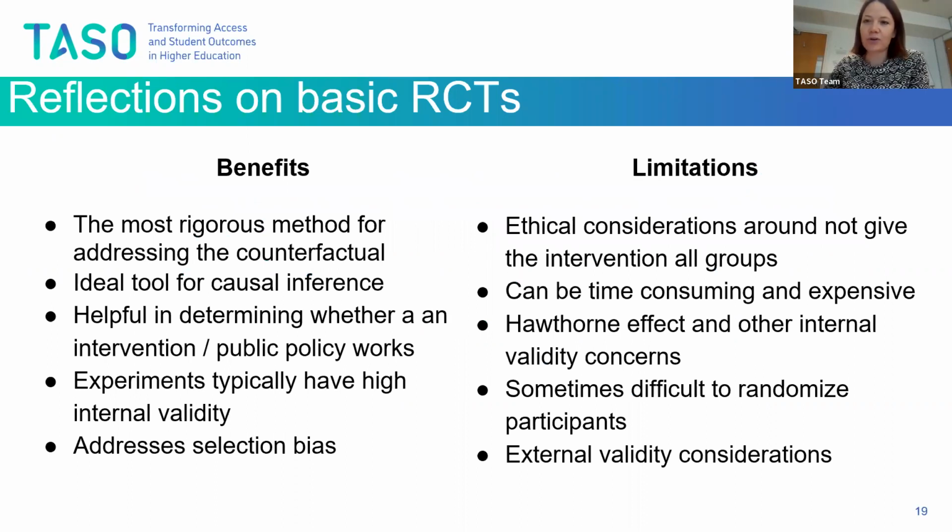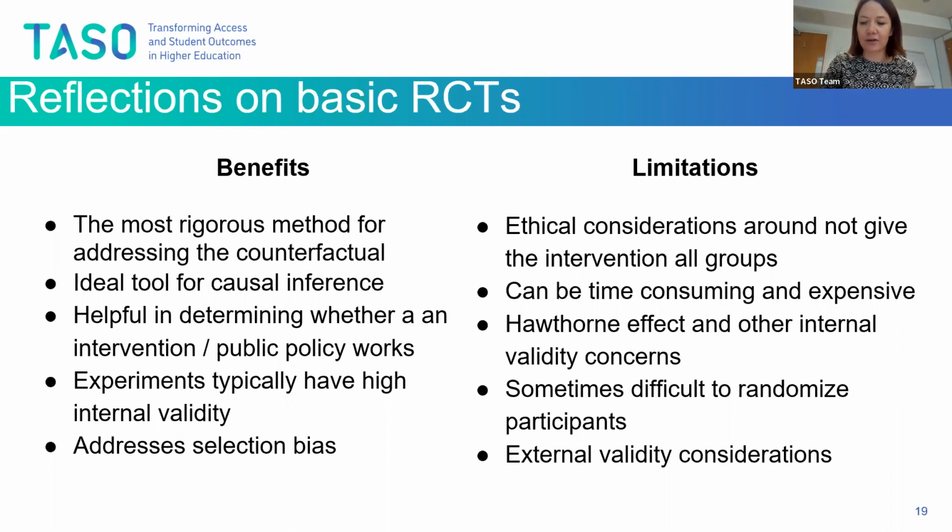So to pause and reflect on the basic pros and cons, or benefits and limitations, of a basic RCT. I should say this isn't the wrap up. We're then going to go through in quite a lot of detail all the different ways to randomize. But in terms of the most basic design that we've talked through, there are obviously a number of benefits. It's the most rigorous method for addressing the counterfactual.